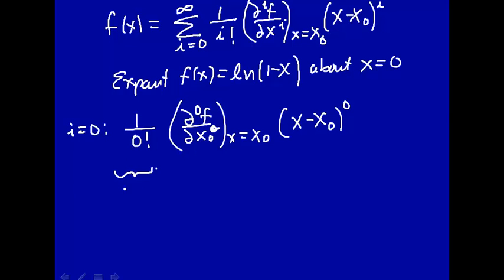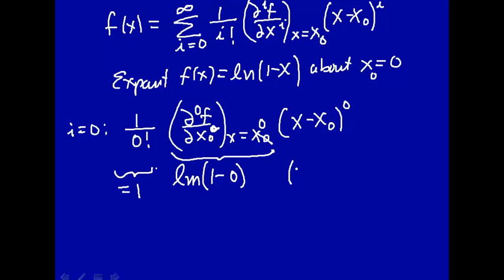We know from factorials that 0 factorial is equal to 1. The 0th derivative of the function is just the function. The function is ln of 1 minus x, and we're going to evaluate this at x equals x0, and we said x0 was 0. So we'll just evaluate this at x equals 0, so ln of 1 minus 0. That's what that term is.